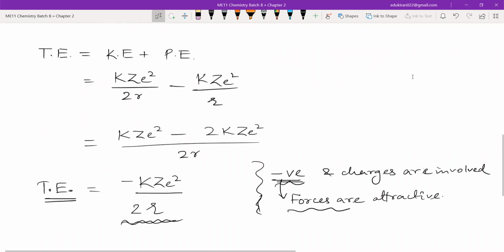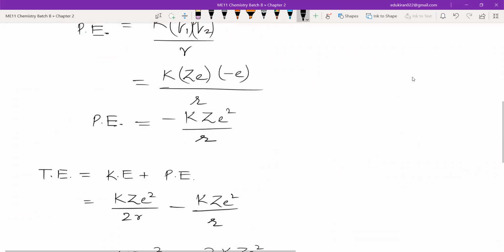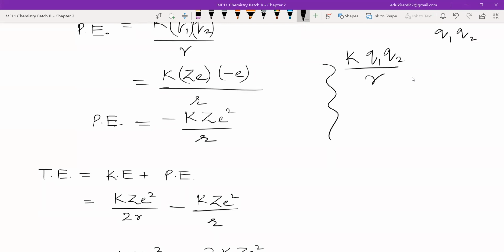How can we say that? Whatever is happening because of this potential energy, potential energy is equal to K into Q1 Q2 upon R. Now let us say you have Q1, Q2, and both are positive. Then the energy will be positive or negative? It will be positive, right?